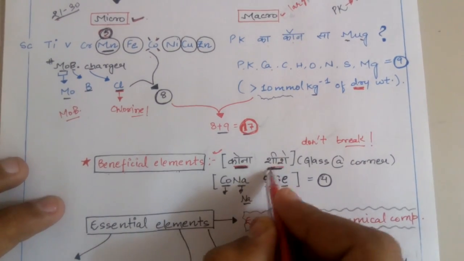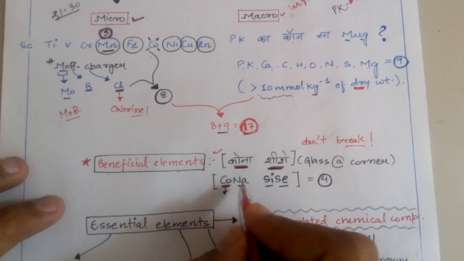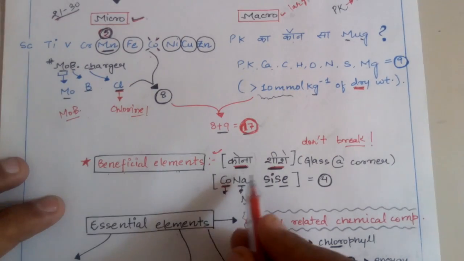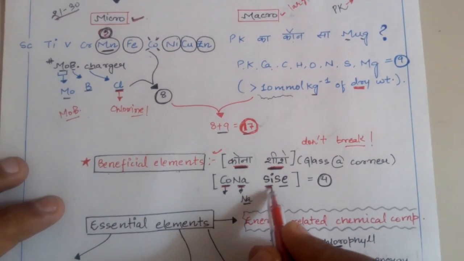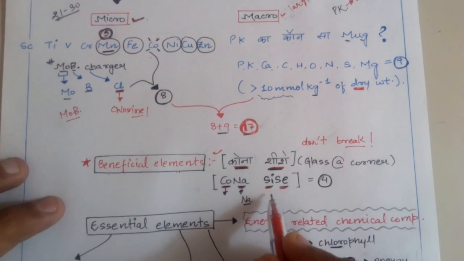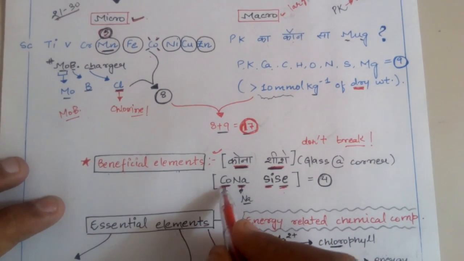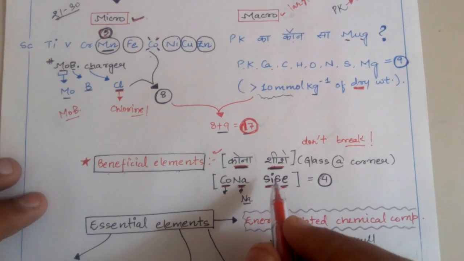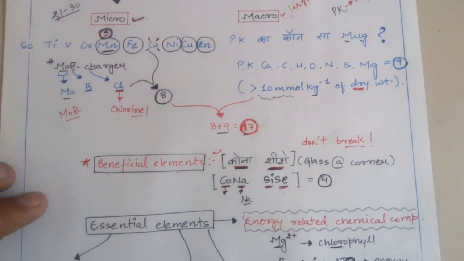So the trick is Kona Shishe, where Co simply means cobalt, which we have already discussed. Na simply means sodium. Shishe, that is Si and Se, means silicon and selenium. So Kona Shishe are the 4 beneficial elements which are present besides micronutrients and macronutrients.